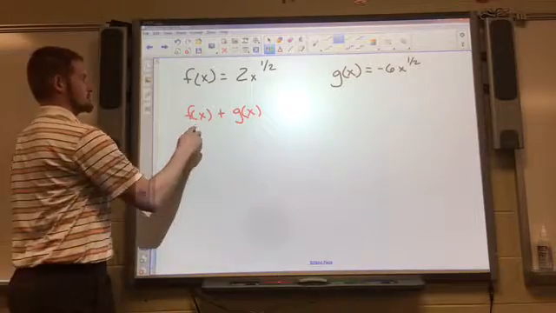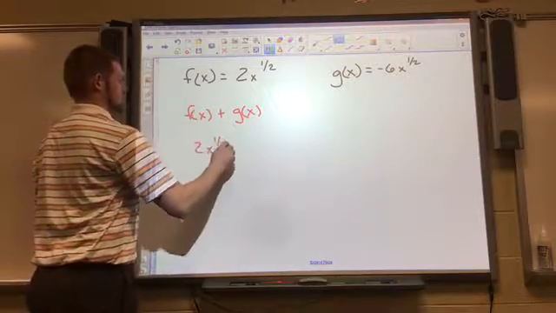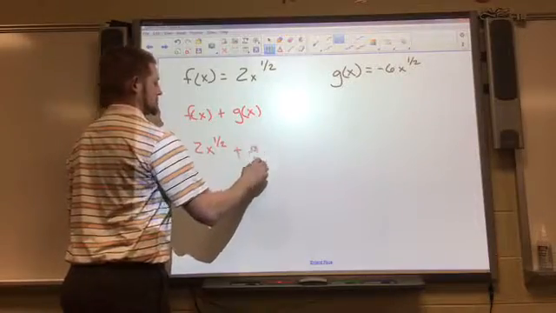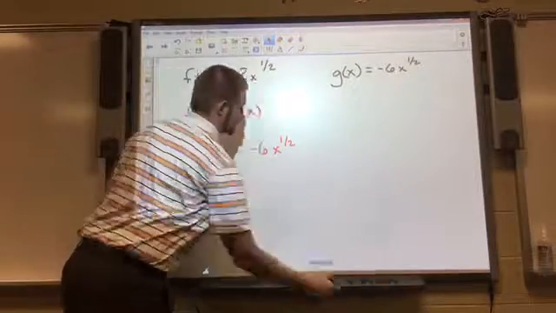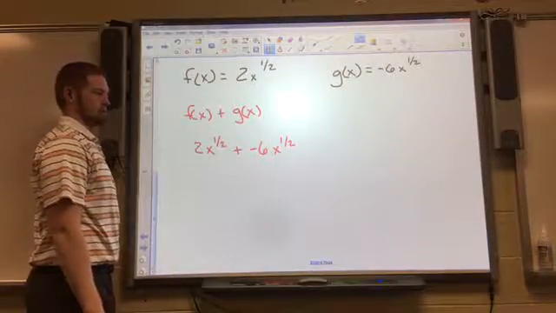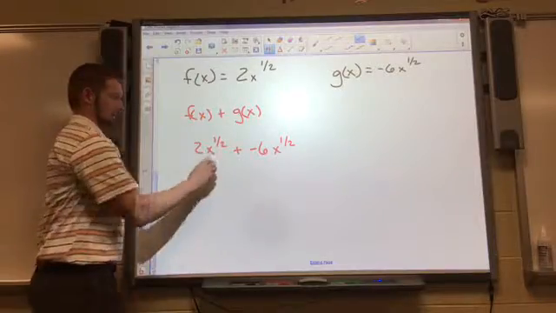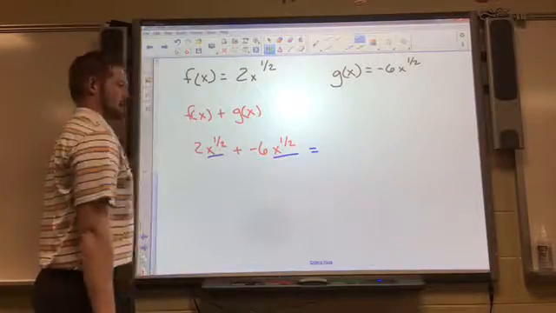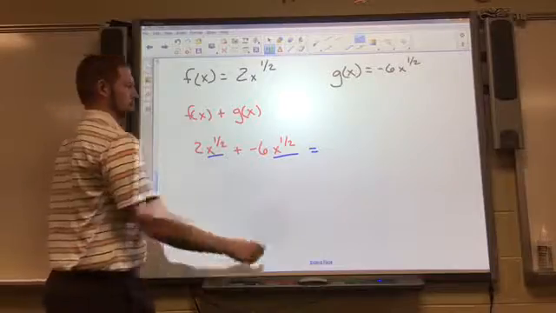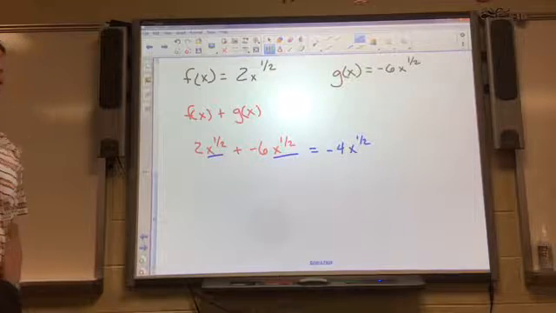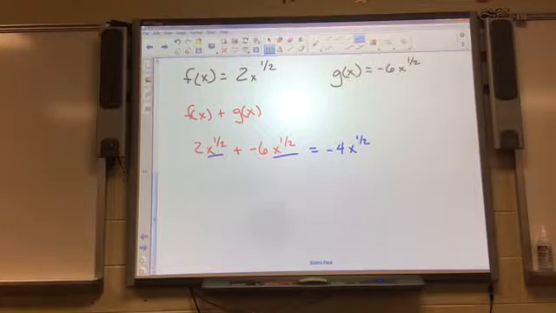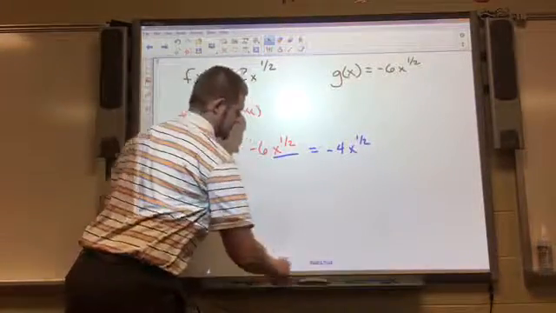Well, f of x is 2x to the 1/2. G of x is negative 6x to the 1/2. So we've really already done these. What do these have in common that we're going to treat as our variable? X to the 1/2. So what do I actually end up getting? Negative 4x to the 1/2. And then they also want us to find the difference.